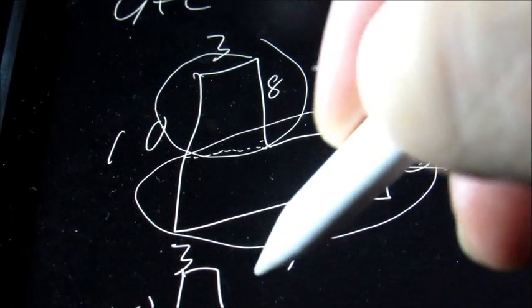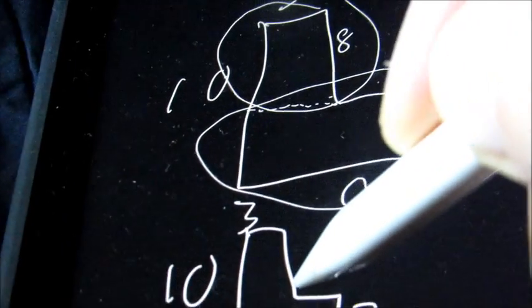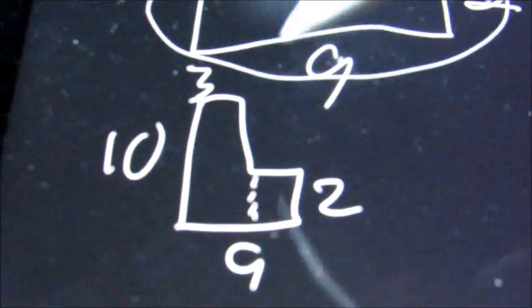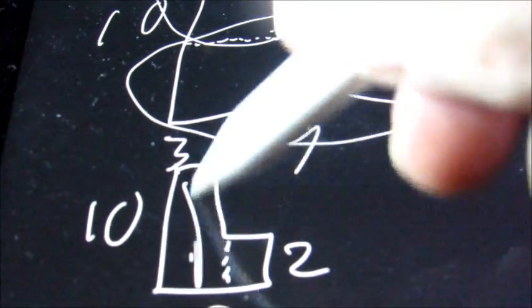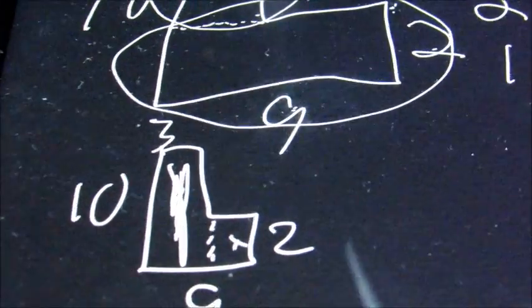Now let's look at if we did this same one the same way, but we drew the line here, and we did this rectangle and this one.